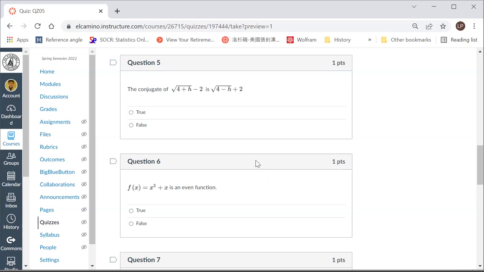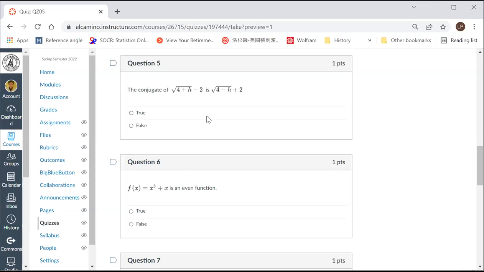What do you think about number 5? Number 5 is it true or false?